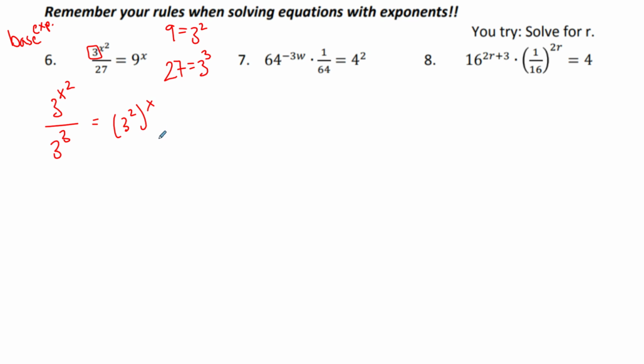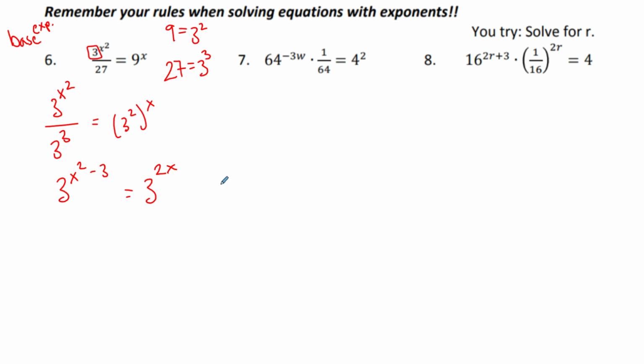Let's simplify a little bit here. So using our exponent rules, we know that on the left, when we divide bases, we're going to subtract their exponents. So this would be 3 to the x squared minus 3 equals, when we have one exponent that we're raising to a power, we're going to multiply those two exponents together. So this would be 3 to the 2x.